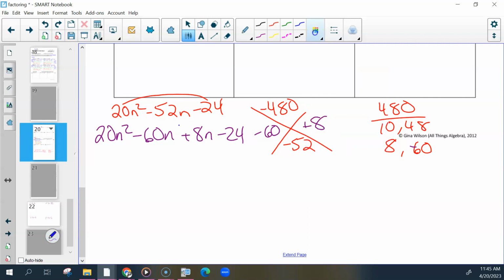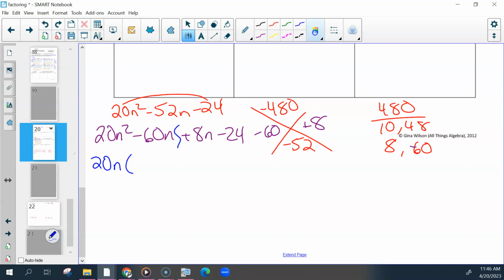What did the first two have in common? 20n. What would be left if we divided that out? N squared divided by 20n.